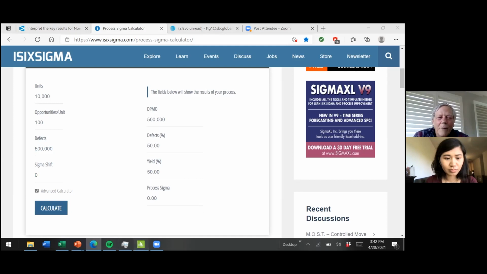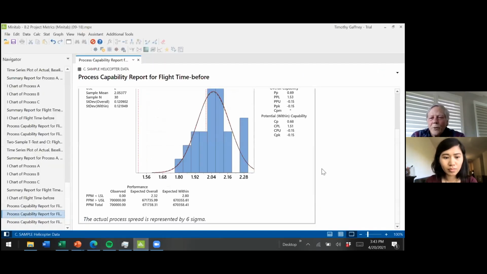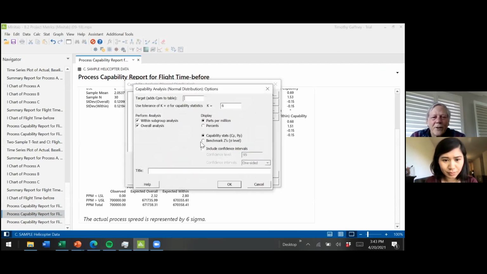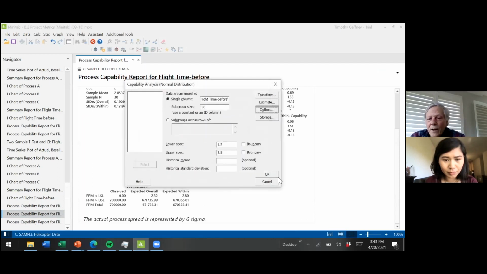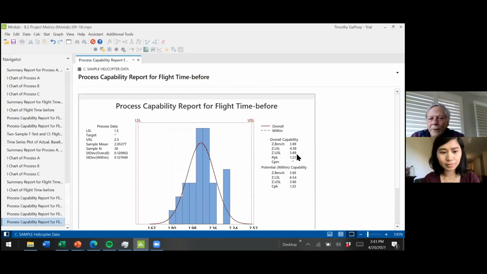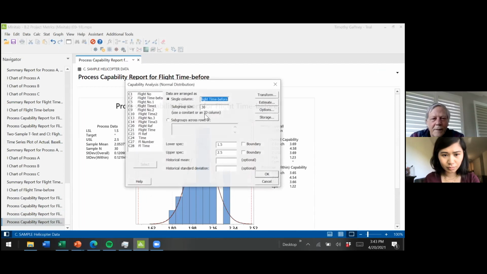But Minitab will, okay? Do you remember the toggle with the benchmark Z? Under options on the capability analysis, you can toggle to see benchmark Z, which is the sigma level. And this is the pure unvarnished truth. No kidding around. Oh, this is the one with the easy spec.